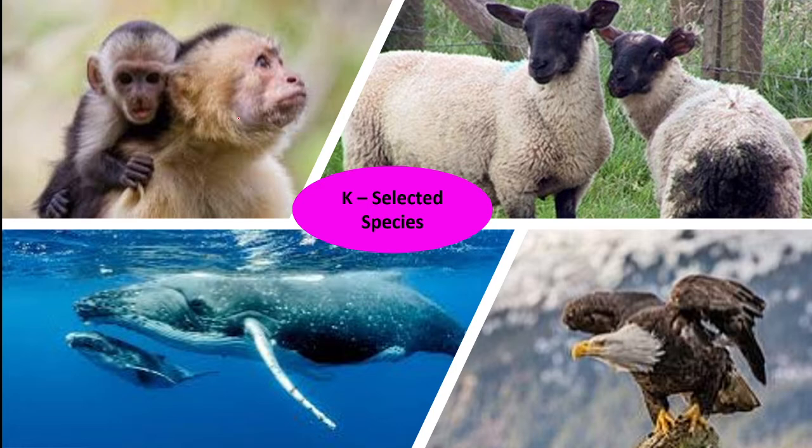Now what are K-selected species, that we'll see. So K-selected strategists live near the carrying capacity K on the population growth curve under stable environmental conditions. So they live in stable environmental conditions. They have limited resources.